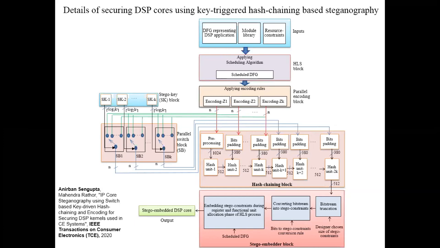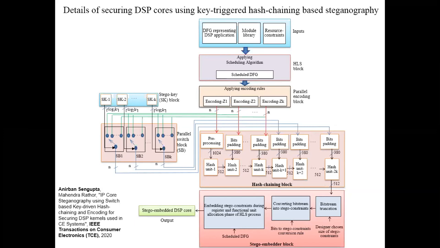Here the key driven hashing is nothing but the key that comes from the stego block. The steganography key is just one of the keys that the designer will apply in order to choose which encoding algorithm he intends to use, because that encoding algorithm's output is fed into the bit padding block.